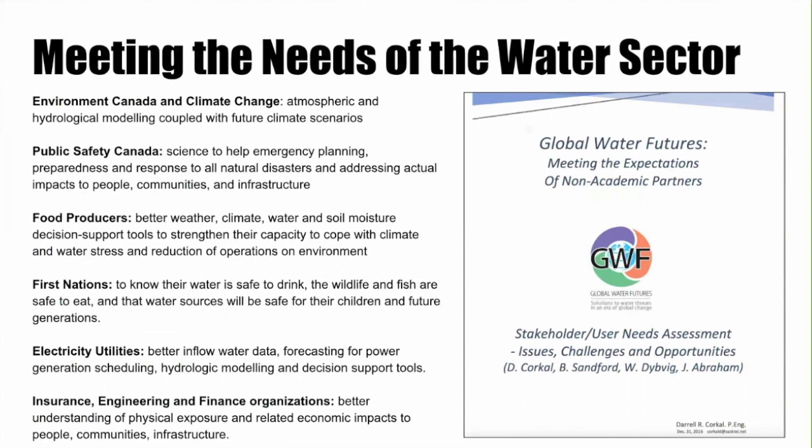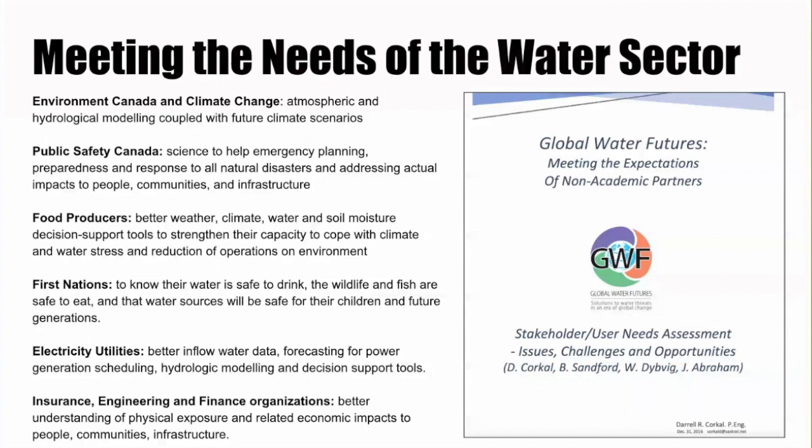So I just wanted to touch quickly on the notion that I said, that we've created a lot of expectations with our users and our partners. This is taken from the Global Water Futures Stakeholder Needs Assessment, done really early in the process of pulling together the Global Water Futures program.